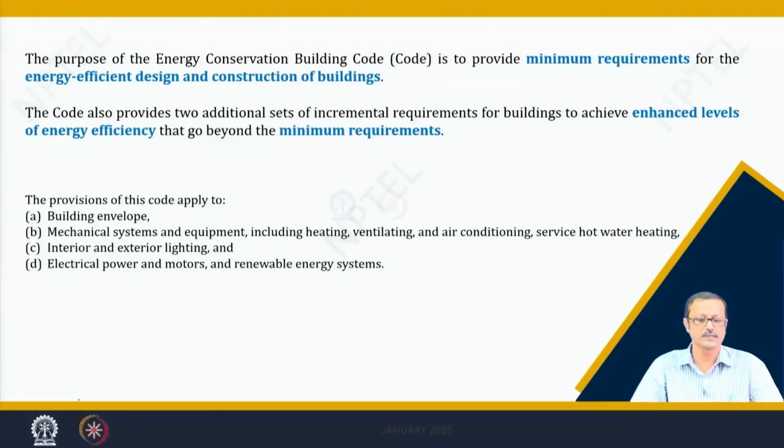It also discusses the mechanical systems, equipment and other things necessary for running the building. It includes air conditioning systems, hot water supply systems and all. Interior and exterior lighting, that is artificial lighting, is also included in this code, and the electrical power motors and renewable energy systems are also included.